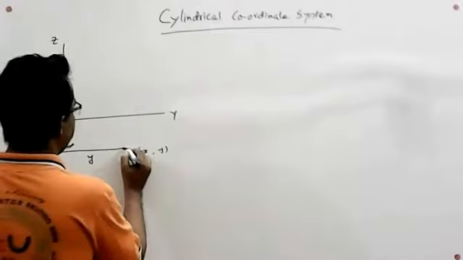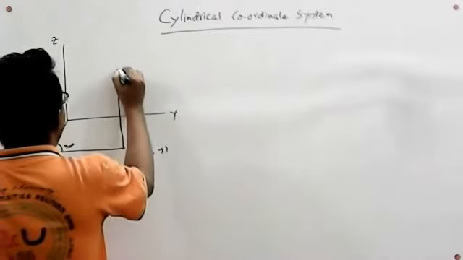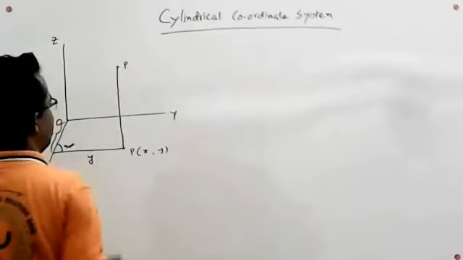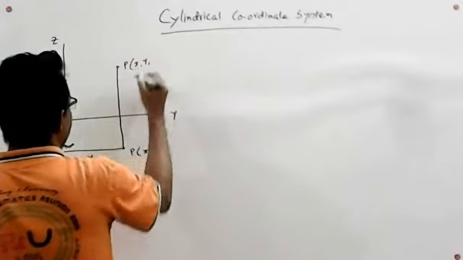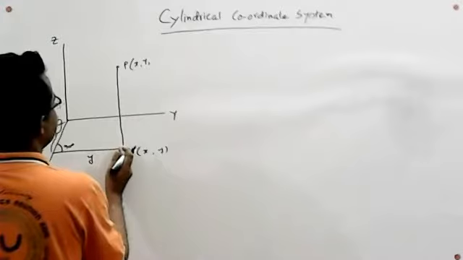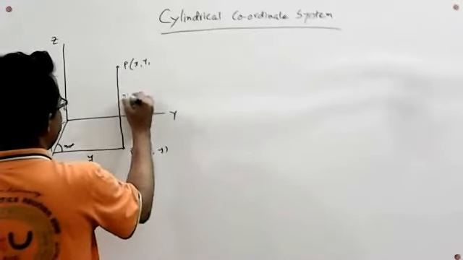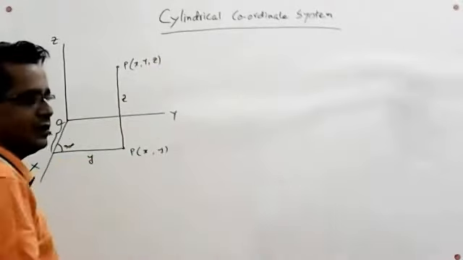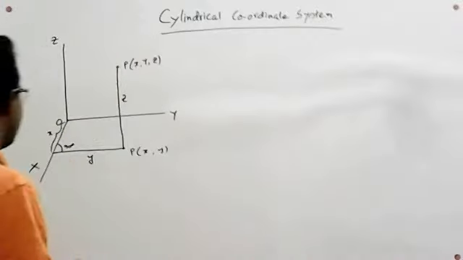If we move from this point upward along the z-axis, then there is a point P whose coordinate will be x, y, and since it moves along the z-axis, then it will be z. Therefore, the point will be P(x, y, z) in the Cartesian coordinate system.